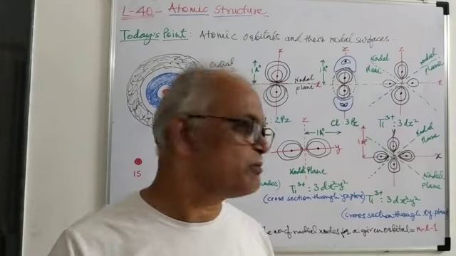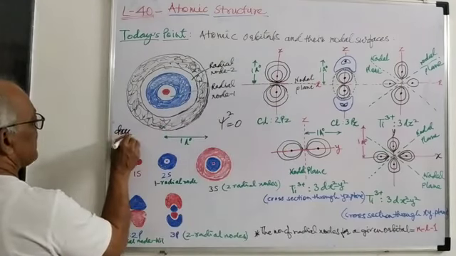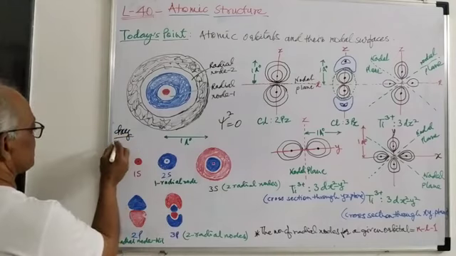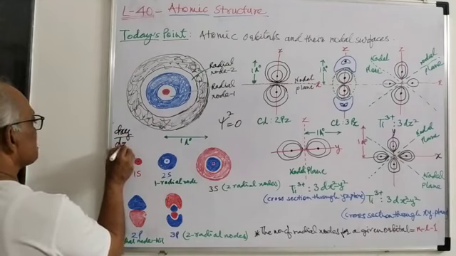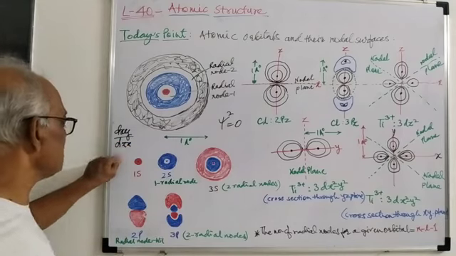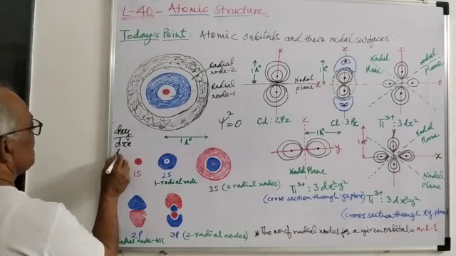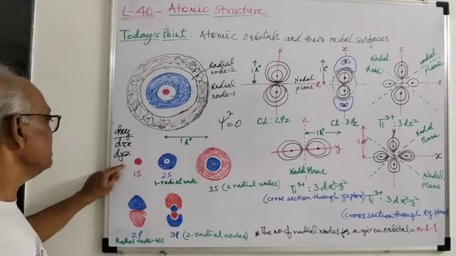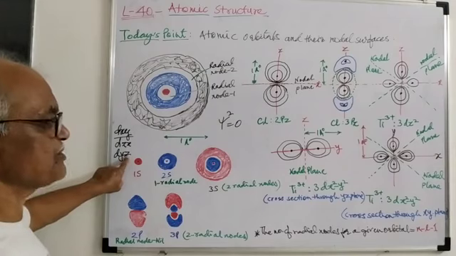If we consider the dxy orbital, the nodal plane is lying in the direction of x-axis and y-axis. When we consider the zx orbital, then the nodal planes are present in the direction of z-axis and x-axis. Then if we consider the dyz orbital, then their nodal planes are lying in the direction of y and z axis.